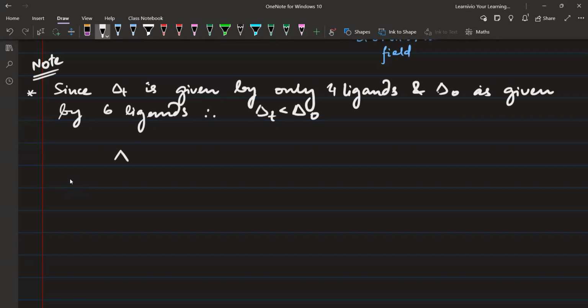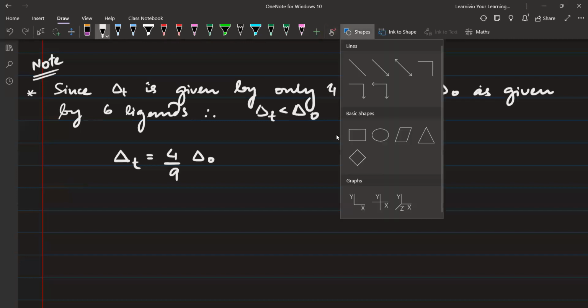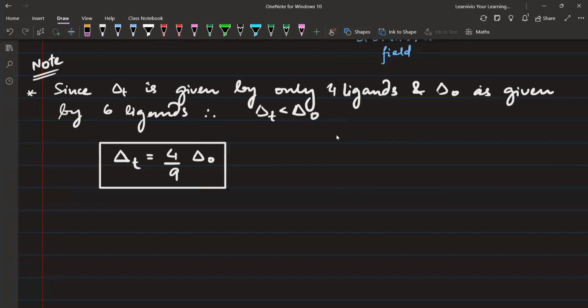What is the relation? It's very important. Del T is equal to 4 by 9 times of del O. ठीक है, obviously del T is going to be smaller. This is going to be very important relationship. इसको please याद रखिएगा.